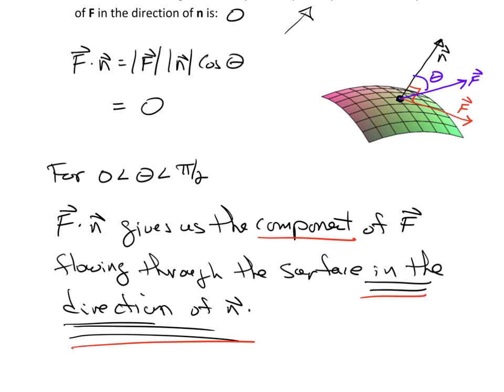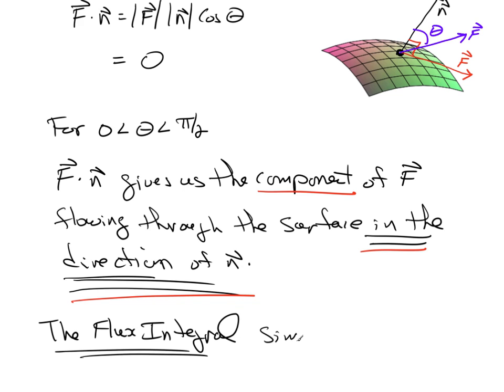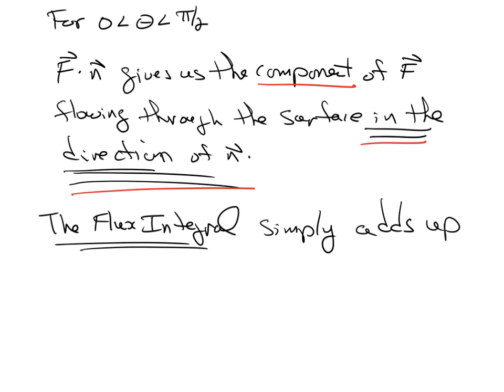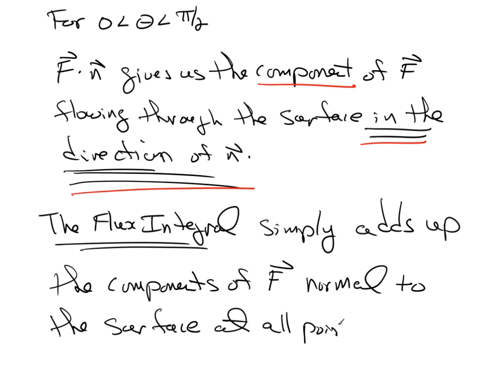So the flux integral, or the surface integral when we think of it in terms of flux, which is very commonly referred to as the flux integral, really all it does is add up the components of F normal to the surface, in the direction of the normal vector, at all points on the surface.